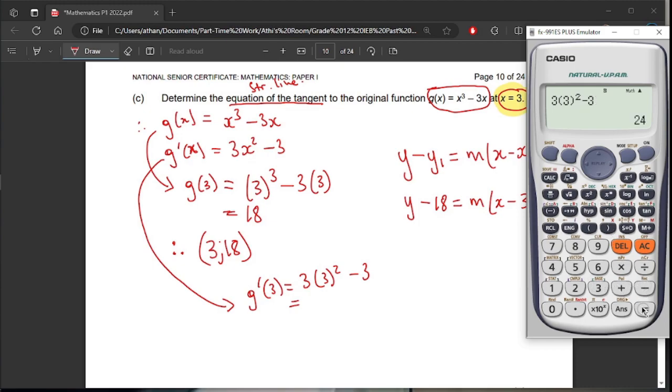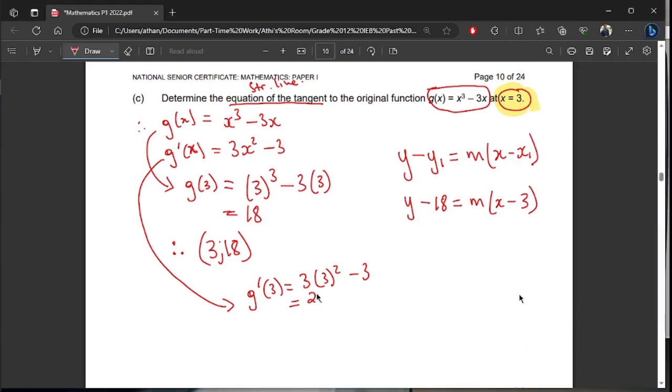Let's see what that gradient is going to be. It will be 24. Now I got the gradient at 3. Let me just make a note here: this is the gradient of the function at x is equal to 3.